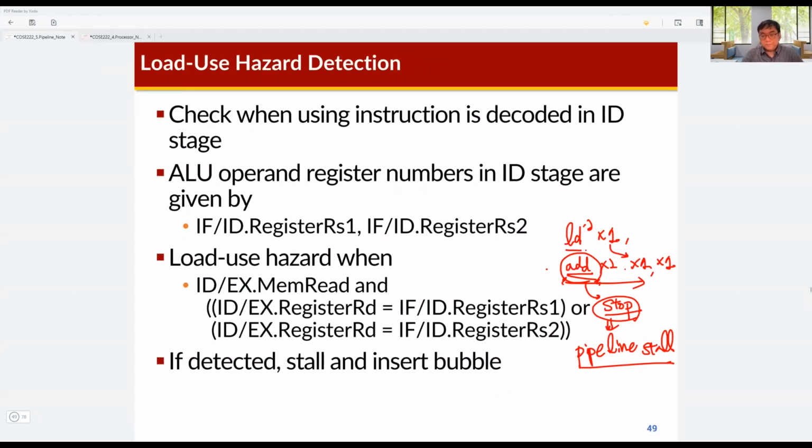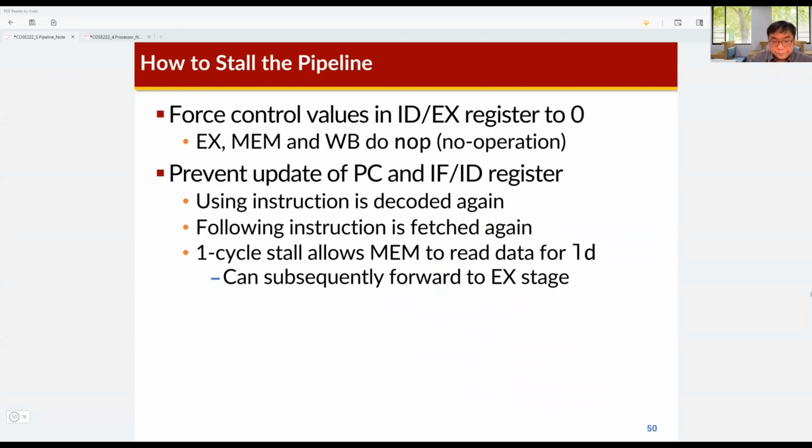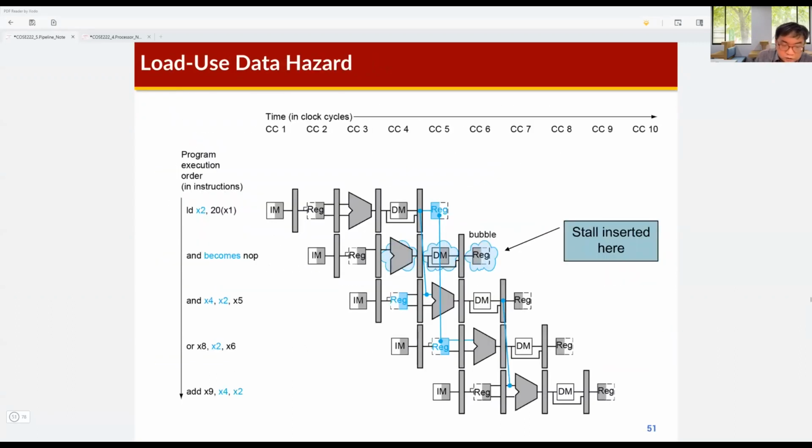So in this case, the load is here, and the very next add instruction receives data from the load instruction.